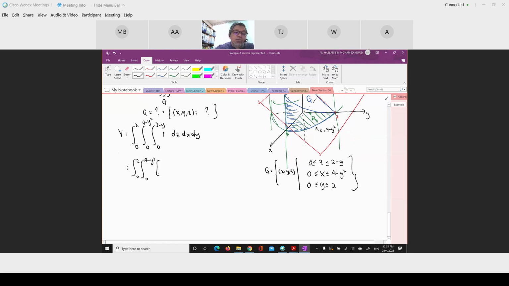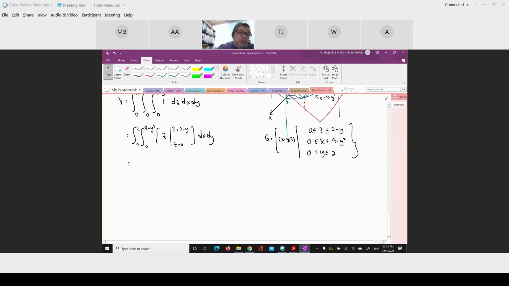So first we integrate with respect to z. The result is z, between 0 and 2 minus y. Then we substitute z with the upper limit, which is 2 minus y.